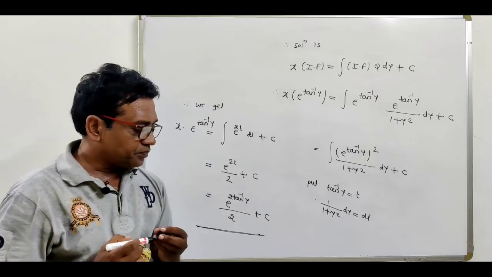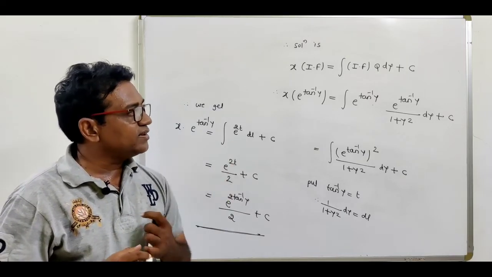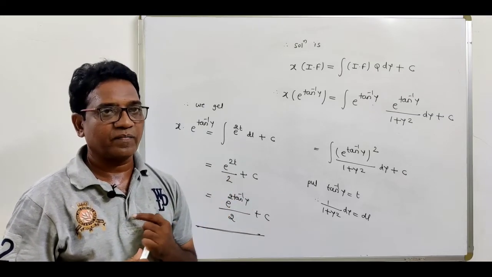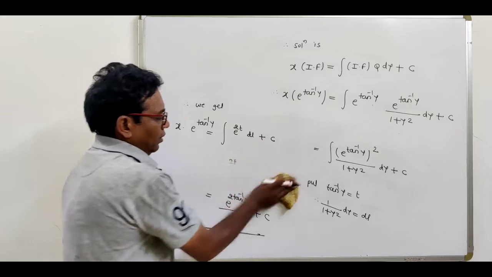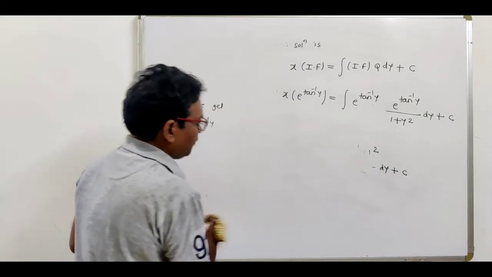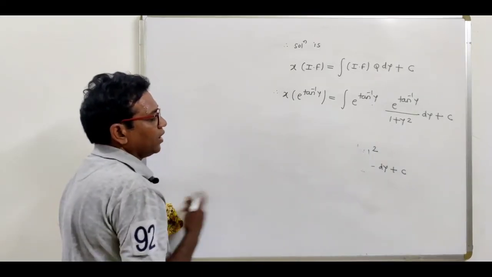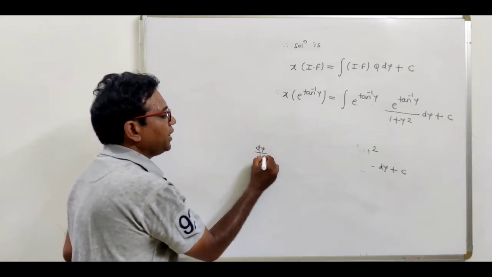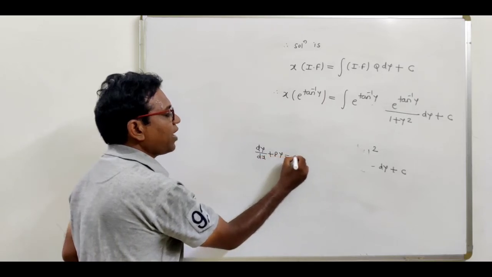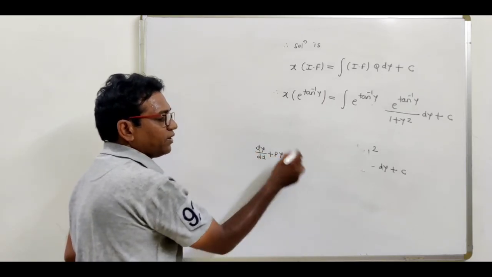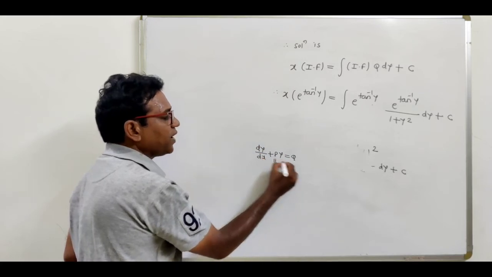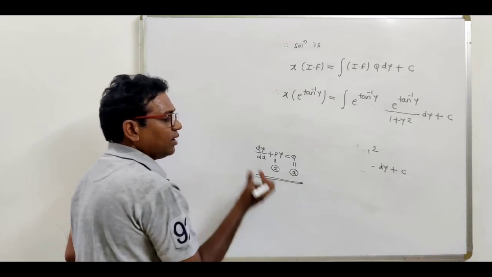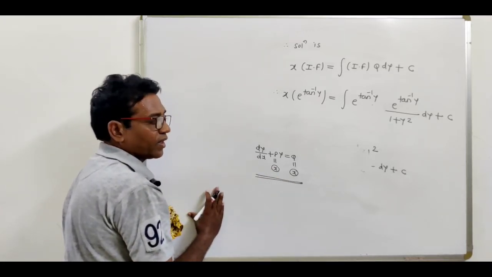So see, up till now we have seen 6 examples on linear differential equations. See what is the pattern of a linear differential equation. A differential equation of the form dy by dx plus py is equal to q, where p and q should be functions of x alone, is called a linear differential equation.